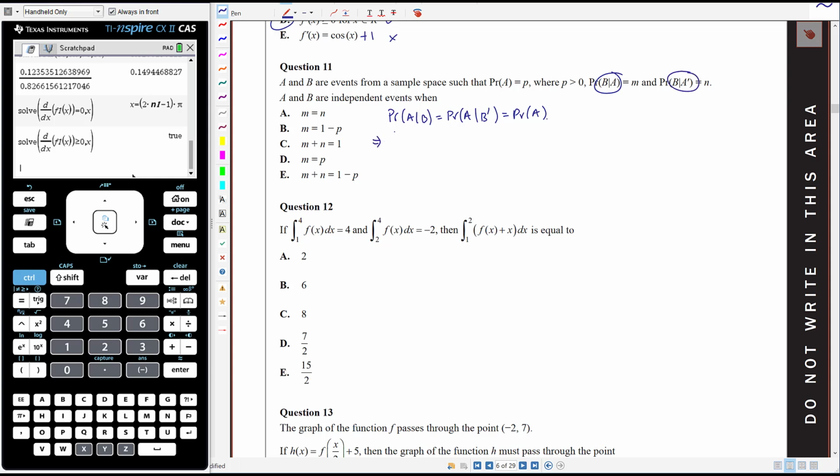So it's the same information to say that the probability of B given A is the same as the probability of B given not A, which is the same as the probability of B.